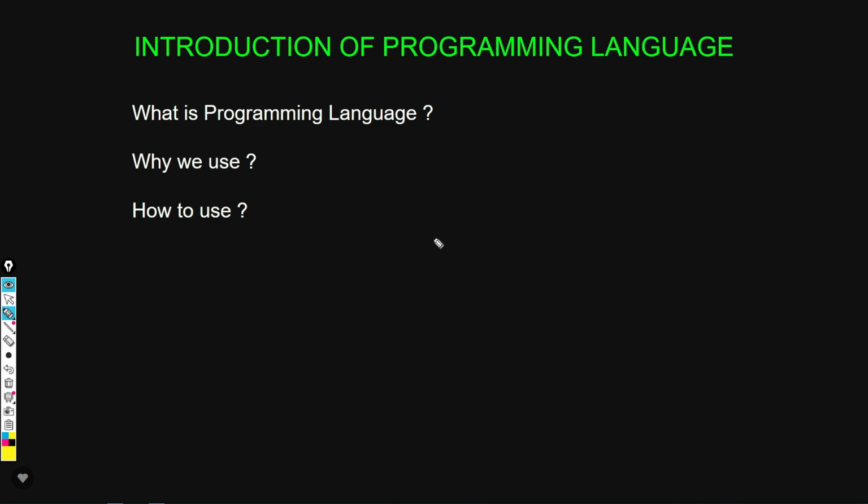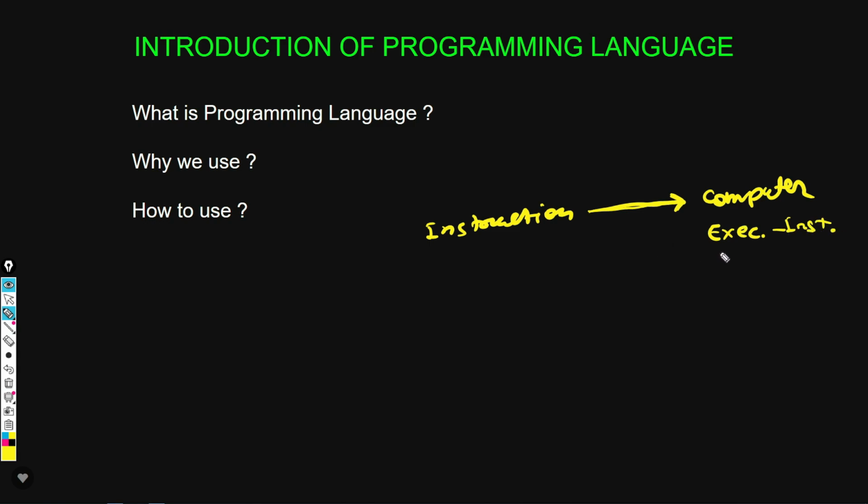Suppose that we have some problem, so what we do, we give some instruction to the computer, and the computer takes this instruction and executes it, and based on this instruction it replies back to us with some output.